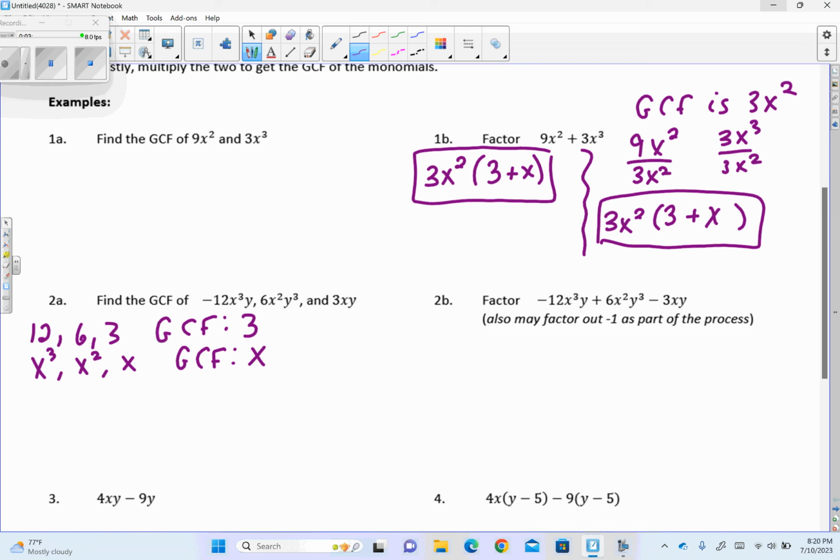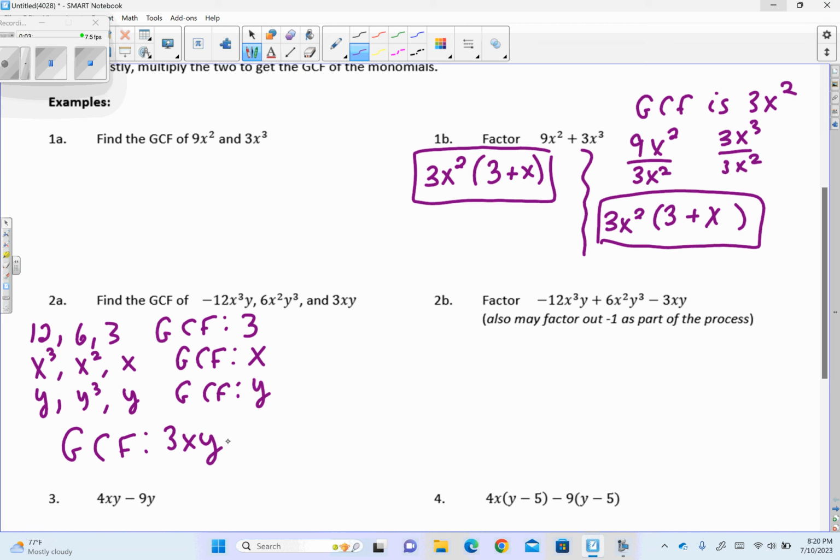This time we have a second variable y. We have y to the first, y cubed, and another y to the first. So between y to the first and y to the third, the first is the smallest. So the overall GCF, we would multiply the 3 times the x times the y, which gives me 3xy.